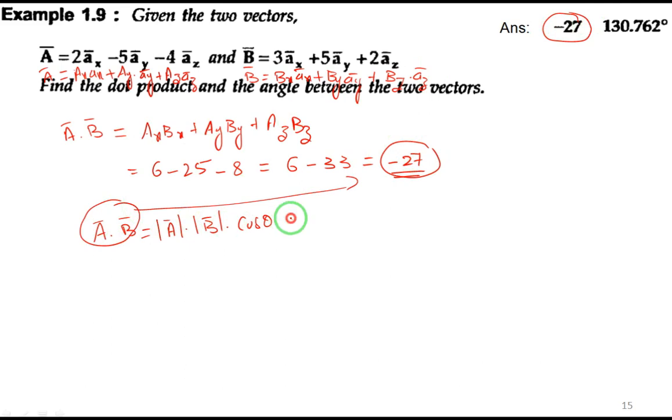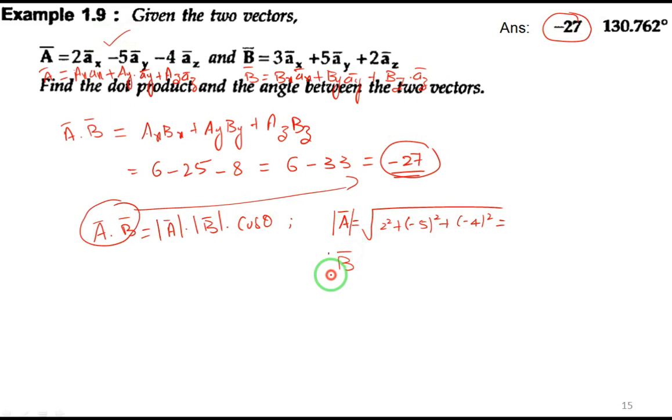Before calculation, first find the magnitude of vector A. Under root of 2 square plus minus 5 whole square plus minus 4 whole square. You calculate and check how much you will get. Sorry, I have to write magnitude of vector A.